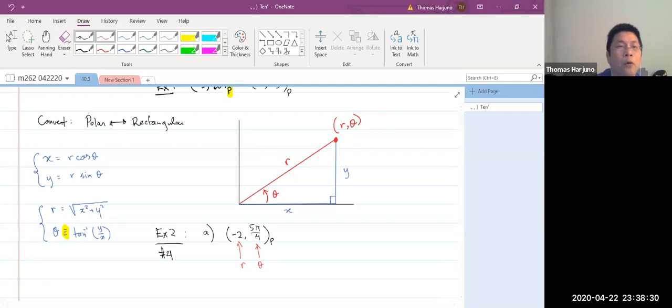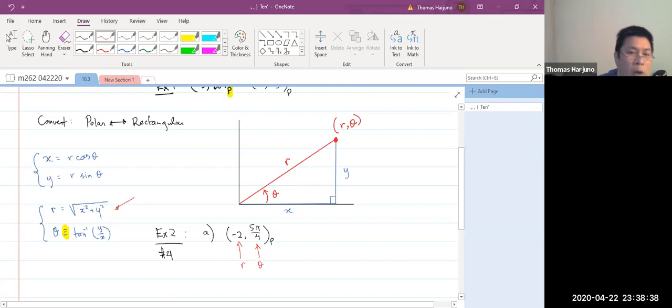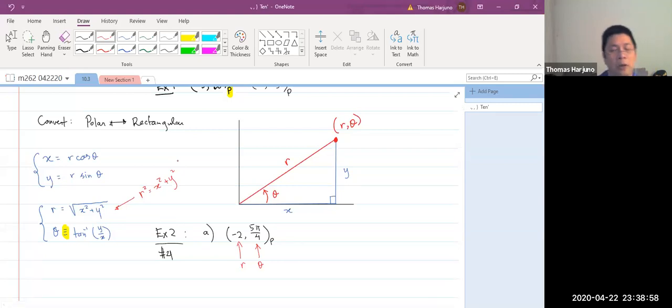Now, from the formula that we have here, it seems like r can only be positive, but that is actually not true, okay? I prefer to say that r squared equals x squared plus y squared, where the r may be negative. Now, that's a fact that I don't like, because the way we think is that a radius is supposed to be positive in any case.